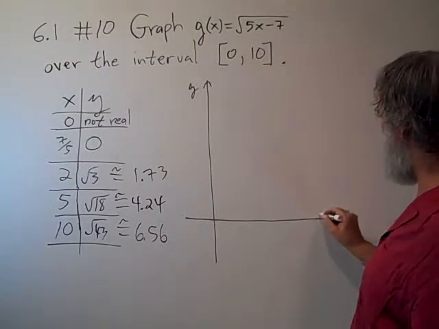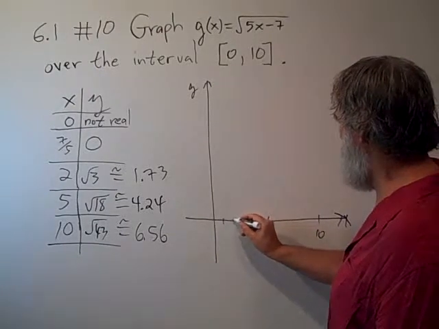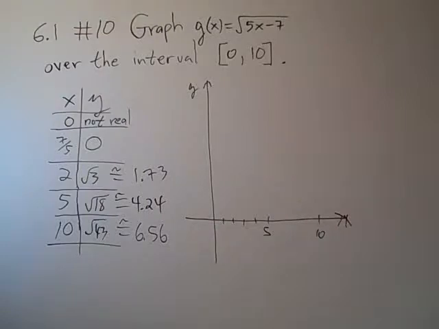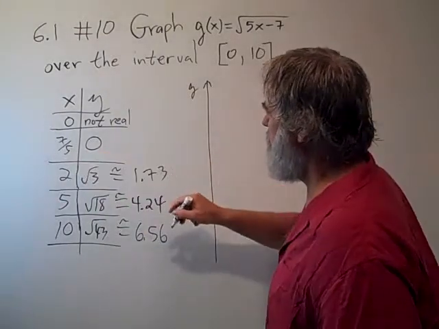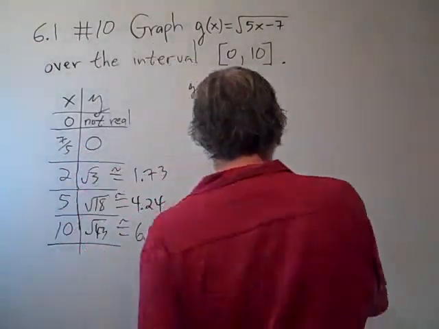So x is going out to 10. And it's only at 7/5. Now 7/5 is 1.4.